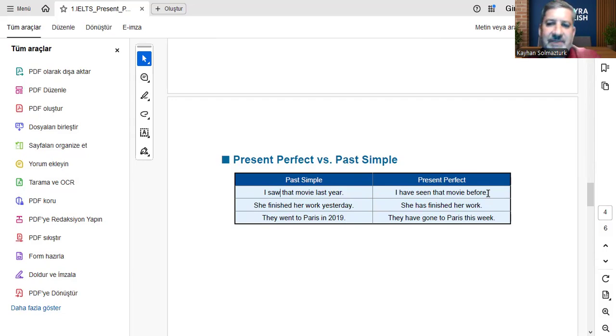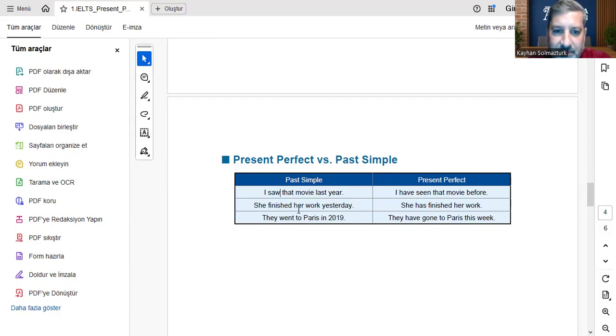So I have seen that movie before. Or it can also be about a fact, maybe. I have seen that movie before, like, I didn't like it, and the effect still continues. It means at the moment of speaking I don't like that movie, and I don't want to see that again.